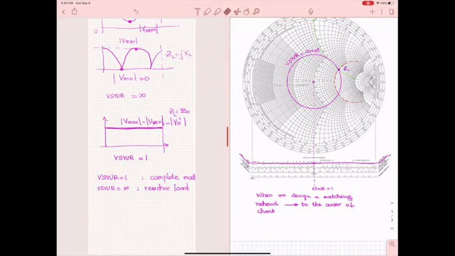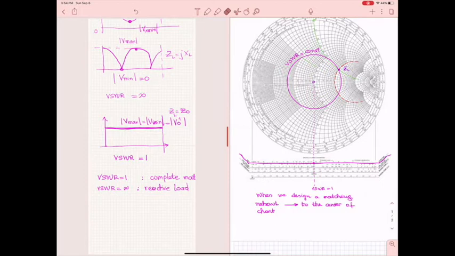Whenever you move on your reactive circle, that means that you have changed your reactance. When you move along the resistive circle, it means that you have kept your resistance the same, but you're changing your reactance. When you move along the constant reactance circle, you keep your reactance the same and you are changing your resistance.